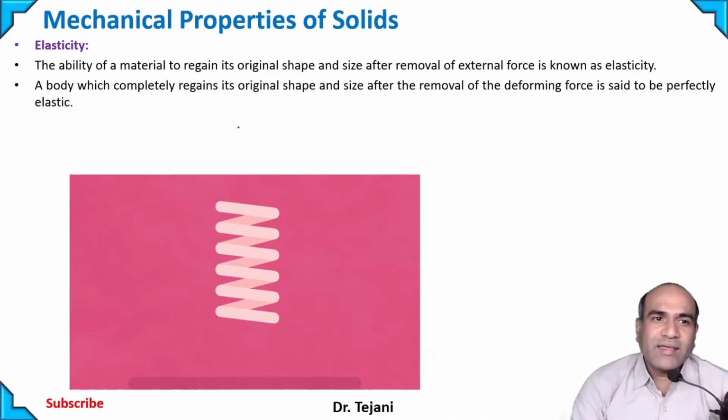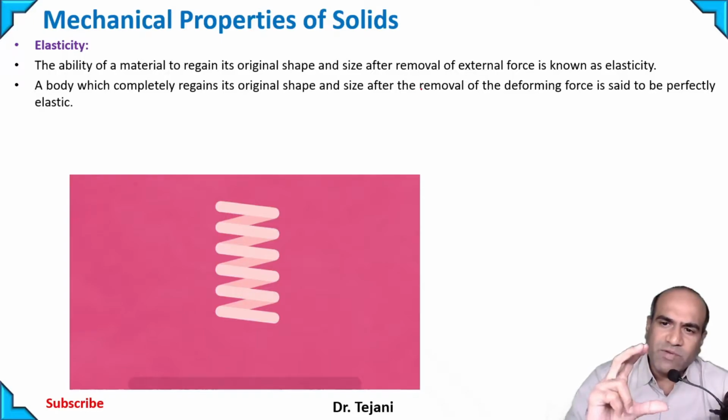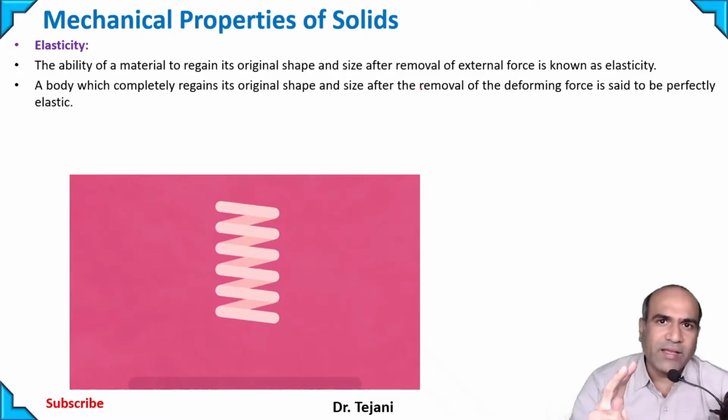So a body which completely regains its original shape and size after removal of the deforming force is said to be perfectly elastic. If I compress a spring, and after removal of the force, the spring bounces back to its original shape and size, it is known as a perfectly elastic body.